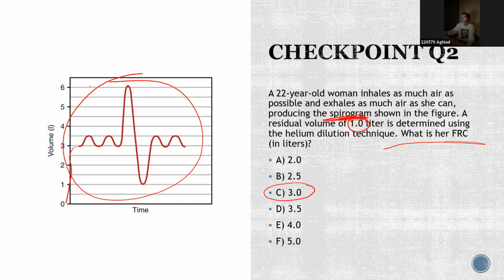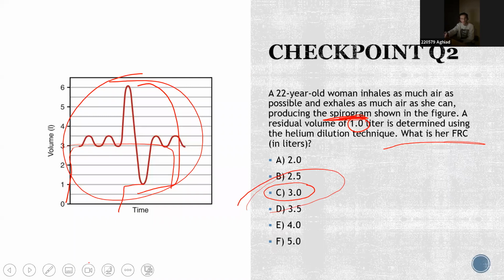All they told you here is that they somehow measured the residual volume and they just shifted the graph upwards 1 liter, as you can see here. So you can use that to your advantage by just looking at the graph and finding the answer. Is that clear for everybody now? Perfect. Okay, good.